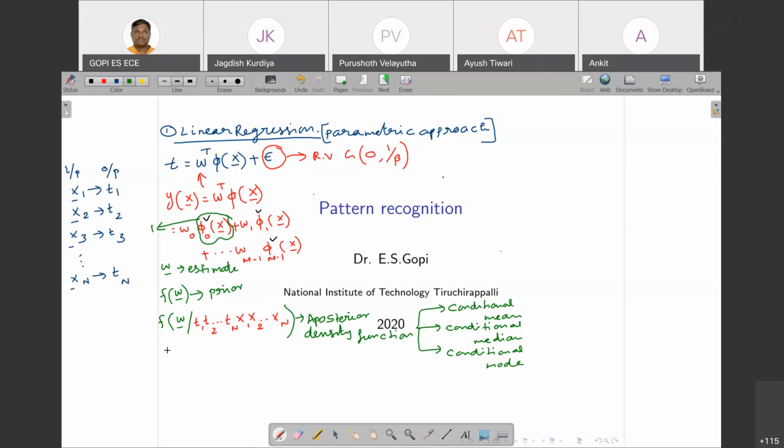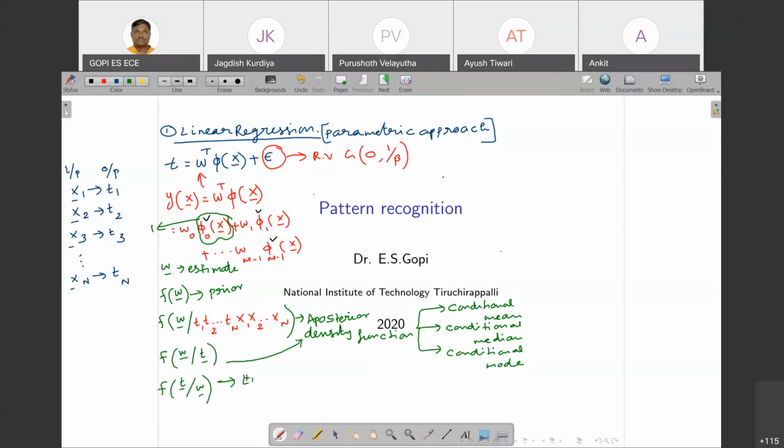This one, f of w given t, x, is what we say is the posterior density function. Then there is the likelihood function, f of t given w.